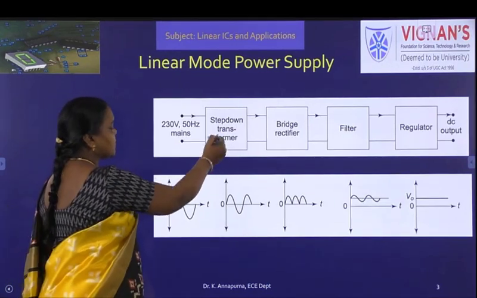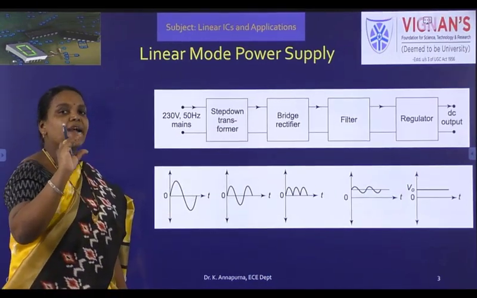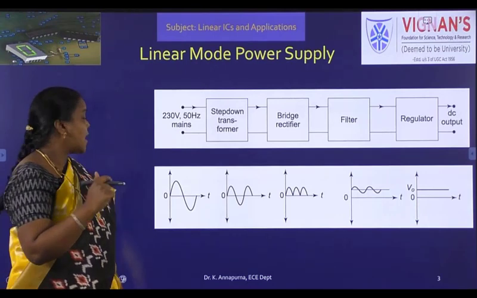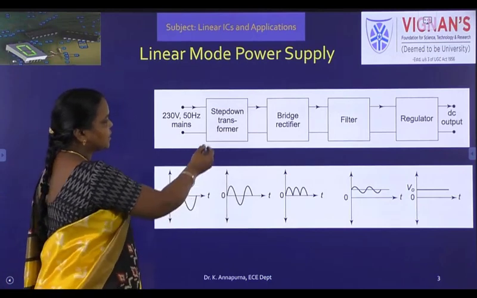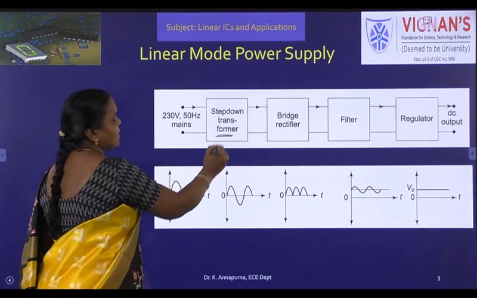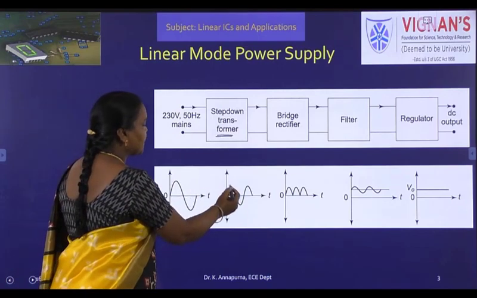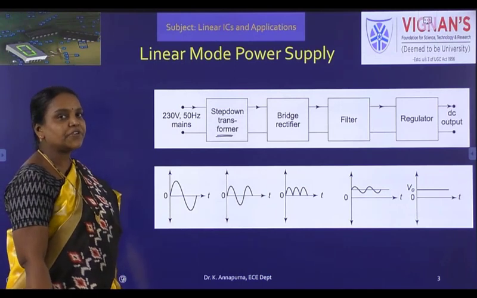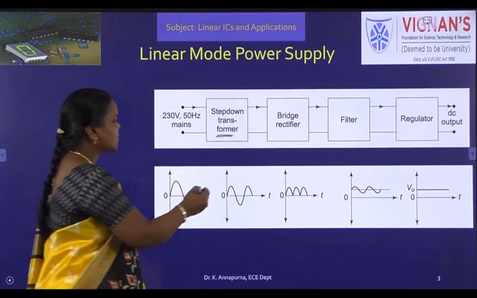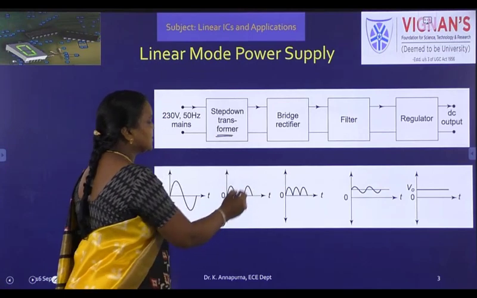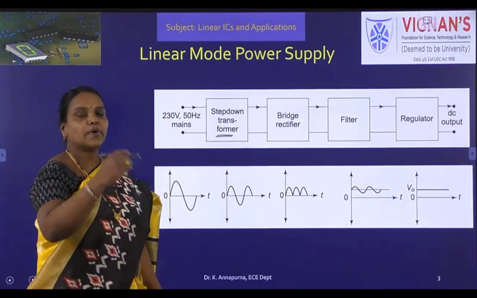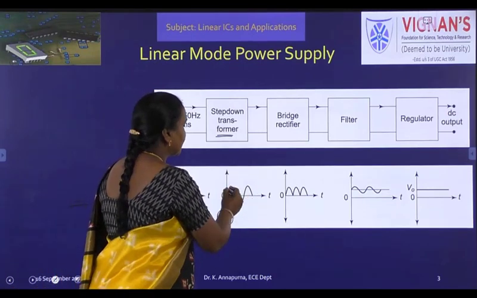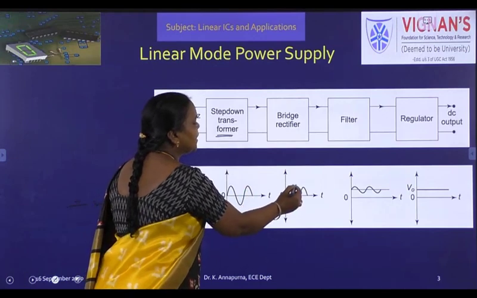The step down transformer diminishes the magnitude of the input. The actual input is a 230 volts AC supply, and it will be reduced to the required voltage level. So the step down transformer gives the reduced amplitude signal. Next, what is the function of the rectifier? The rectifier converts the AC signal into DC, so it converts the bidirectional signal into a unidirectional signal.